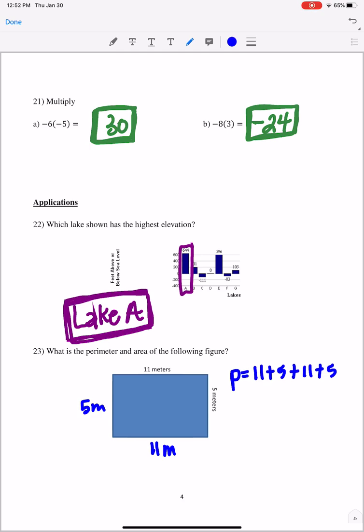Okay, so add them all together. So 11 plus 5 is 16. You got 16 over here too. And then 16 plus 16 gives me 32. So put your units on there. We have 32 meters.